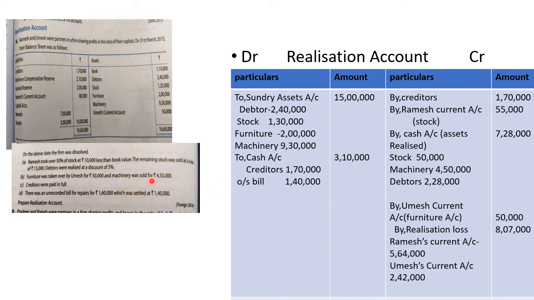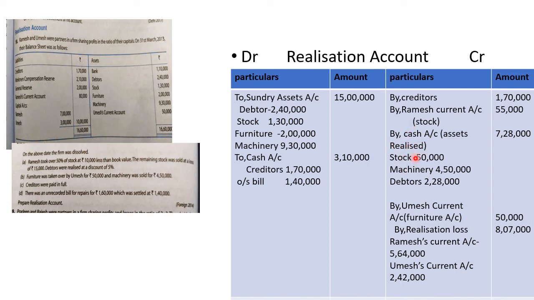Then machinery was sold for rupees 4,50,000. Here we have written machinery 4,50,000, and debtors were realized at a discount of 5%, that is 2,28,000. First, we will find out the total amount of the asset realized by doing the total, and that will be recorded in front of the cash here. So asset realized will be recorded as by cash.